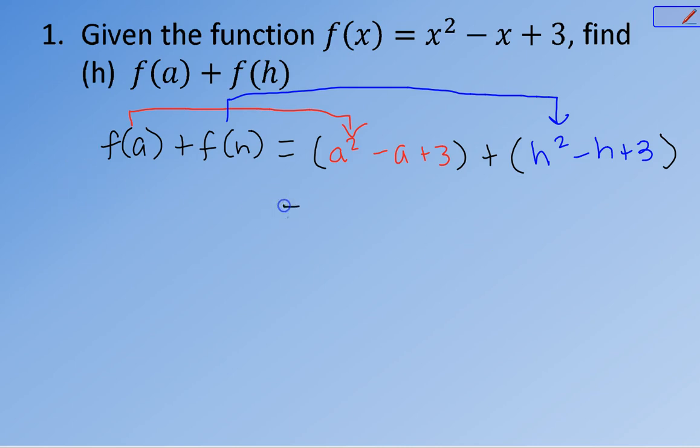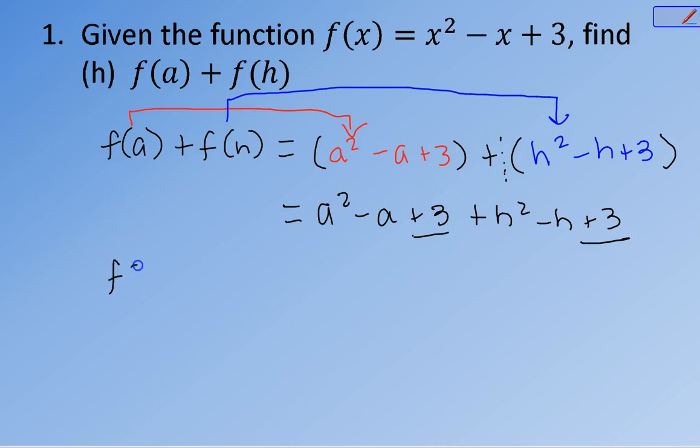And now let's simplify. So this is an invisible one, so that's just a squared minus a plus 3. And this is also another invisible one right here. So that's plus h squared minus h plus 3. And I need to combine my 3's.